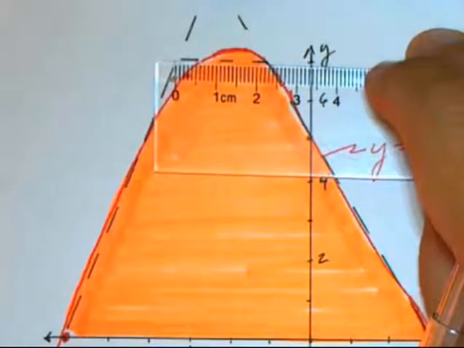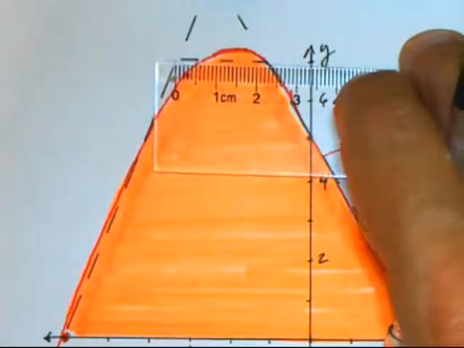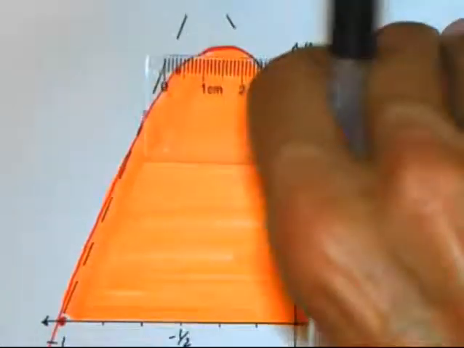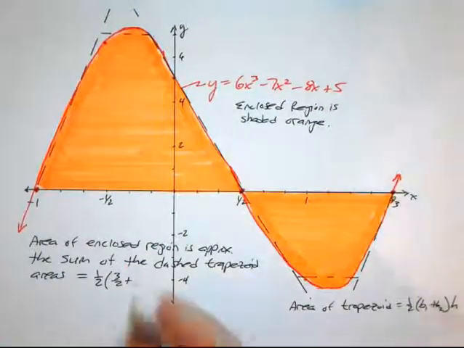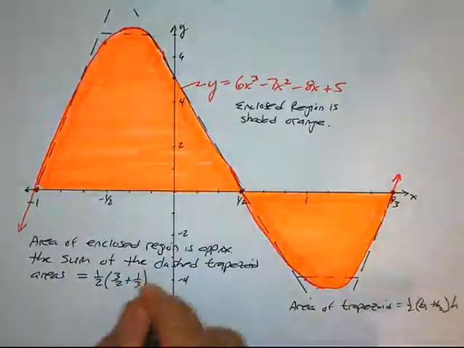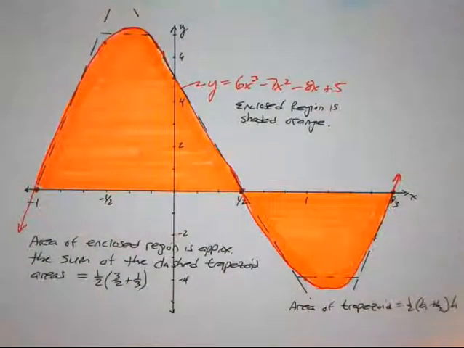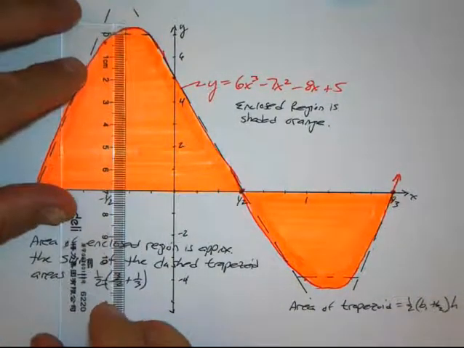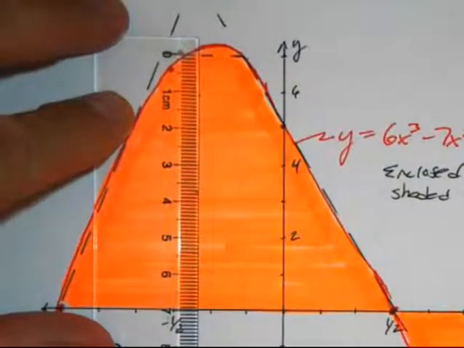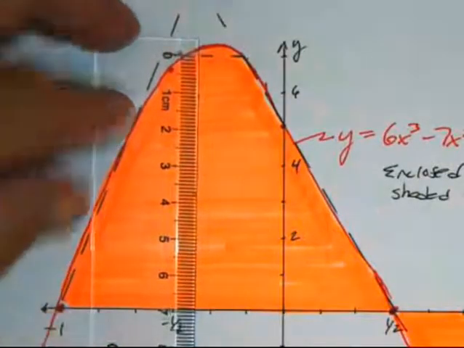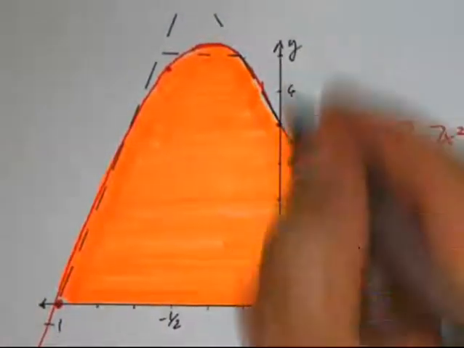Remember, these are 1/6 per centimeter. So this is somewhat more than 2/6. We'll call it 1/3. Height or altitude, looks like 7 centimeters. That's 1 per centimeter.